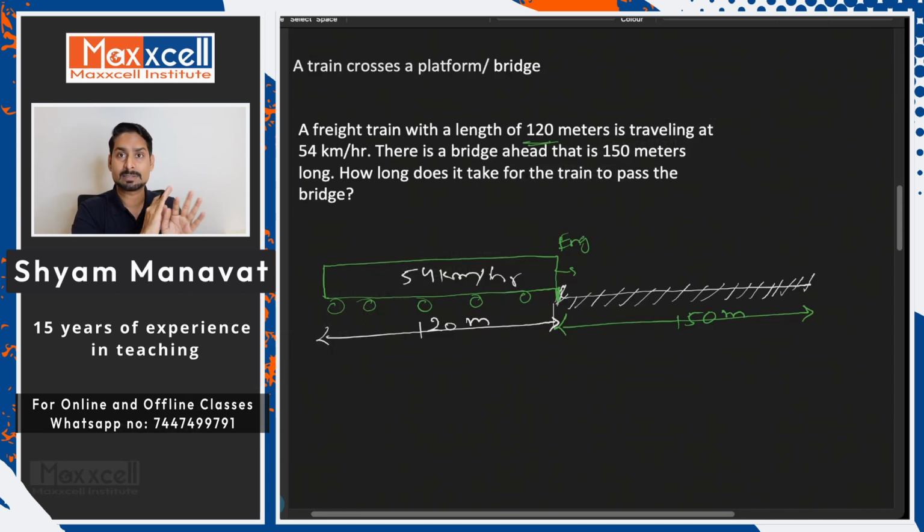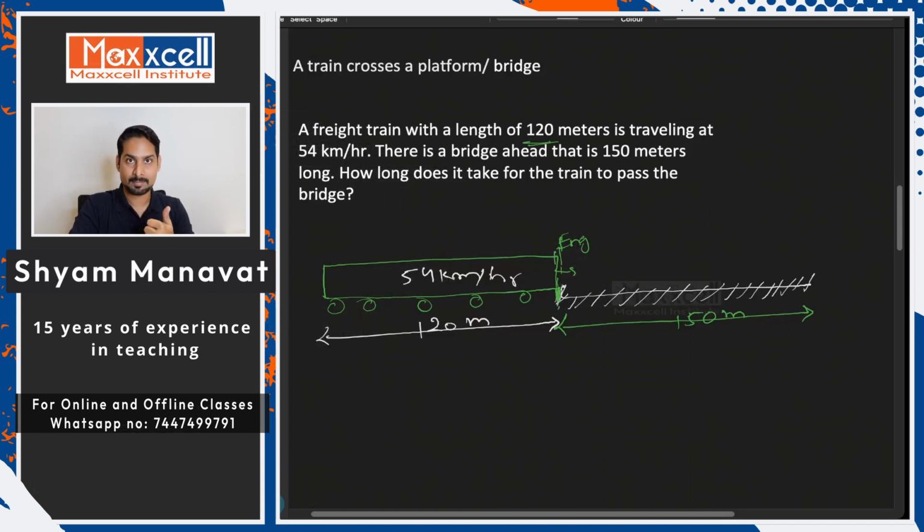It is very clear that there is a train which is 120 meters and a bridge which is 150 meters. How much time will it take for the train to pass this entire bridge? In that case you have to consider the engine point, the starting point of the train, is at the edge of the bridge.